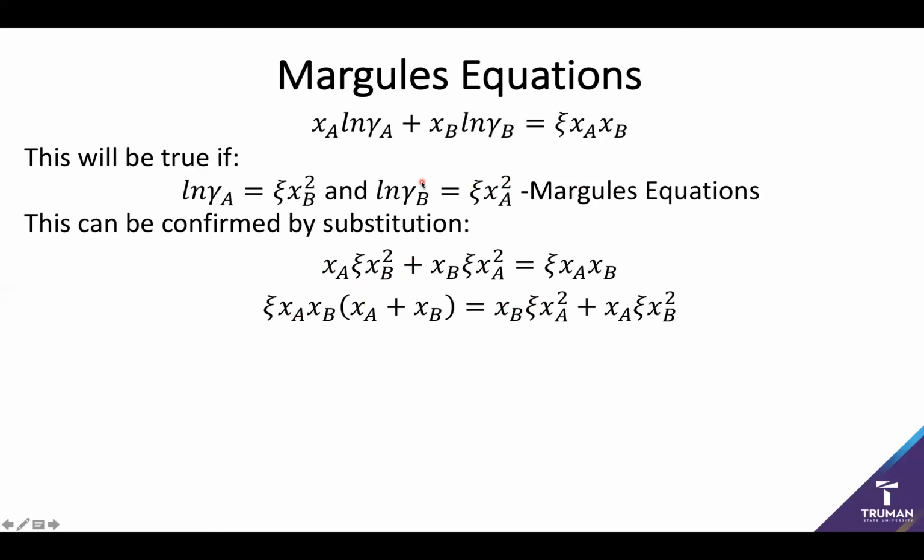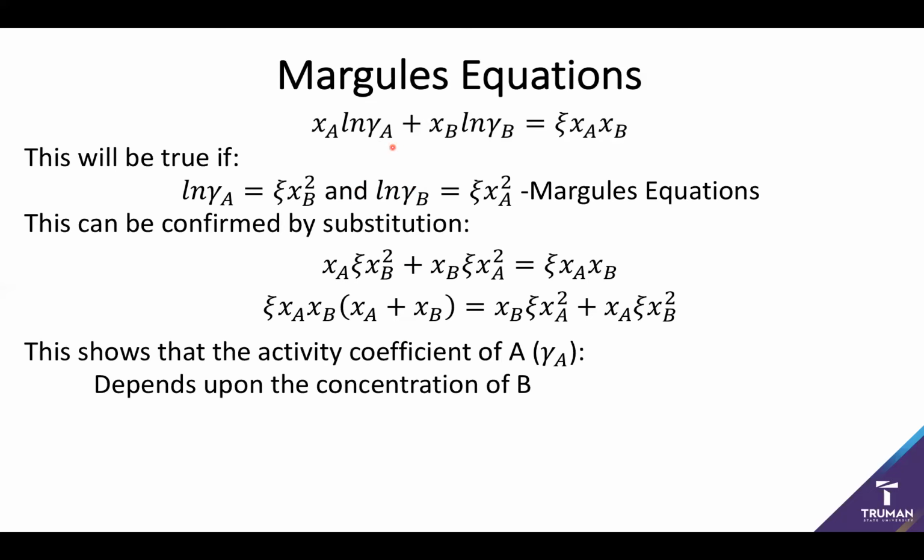And this actually ends up being really cool because it tells us a lot about the activity, and most importantly, the activity coefficients of a species. So let's go ahead and take a look at the activity coefficient of A. So we find out four really cool things.